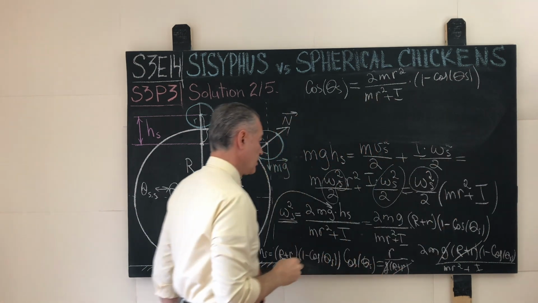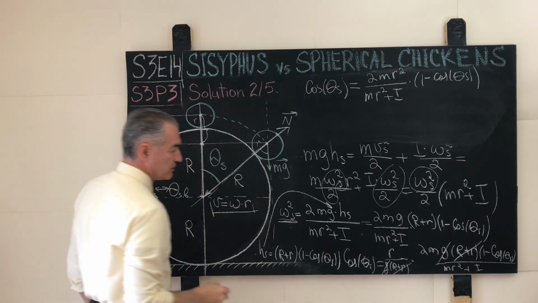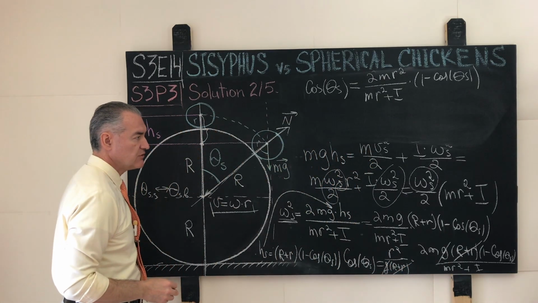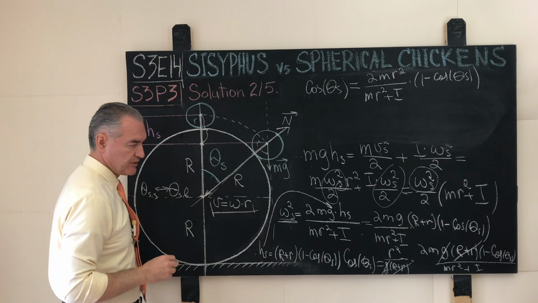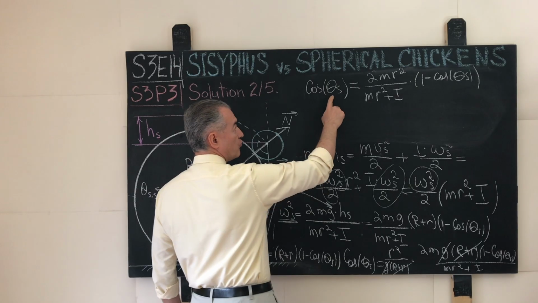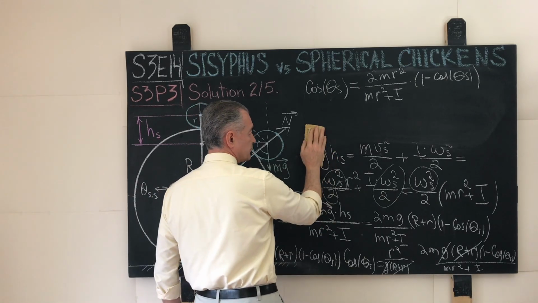That much should be evident. Here I forgot the square, mr squared, from our previous expression that was omega squared s r squared. So this is the equation for the cosine of theta_s, the angle of separation.